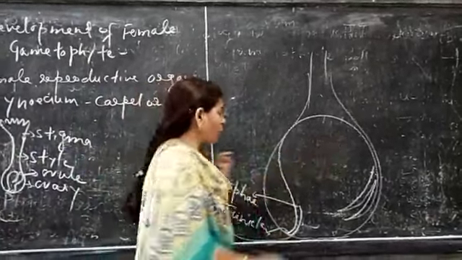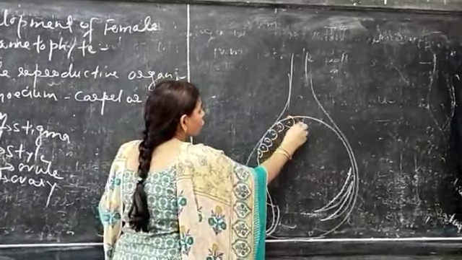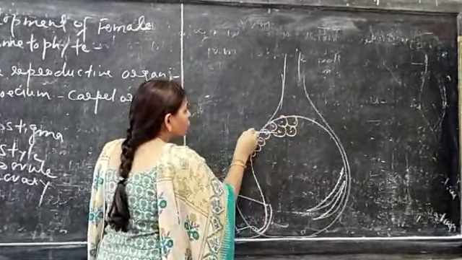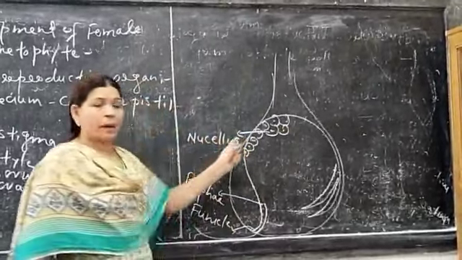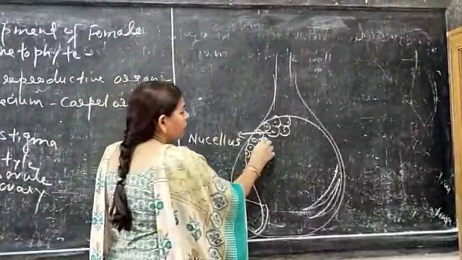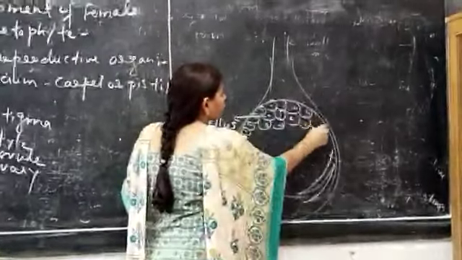The main part of the ovule is made up of simple parenchymatous tissue, which is called the nucellus.